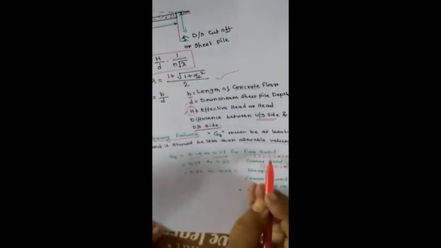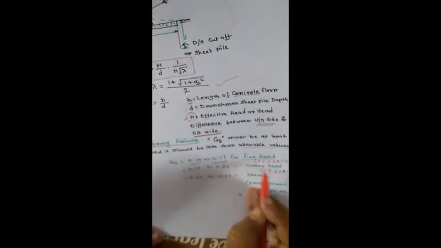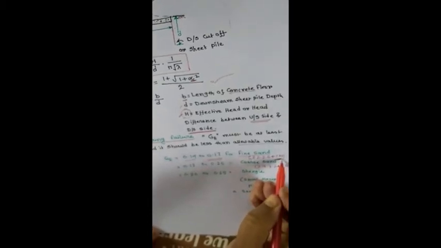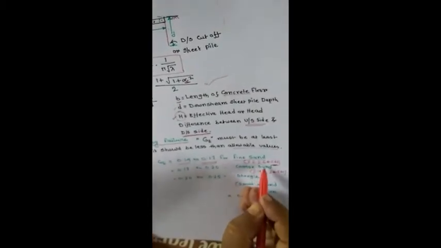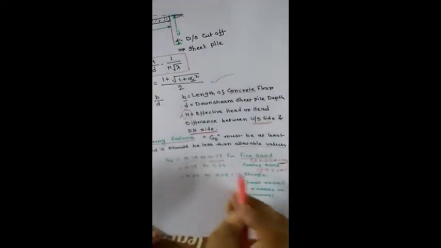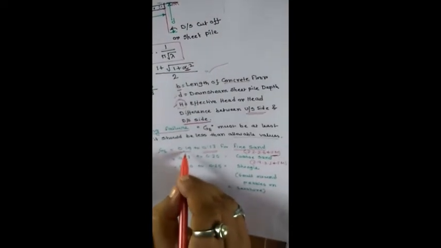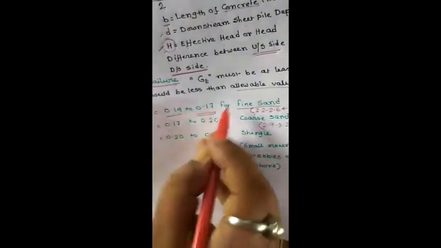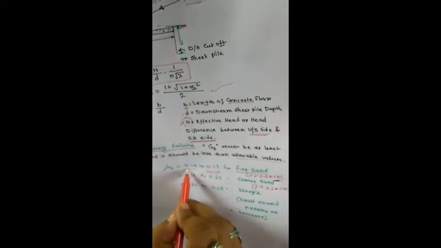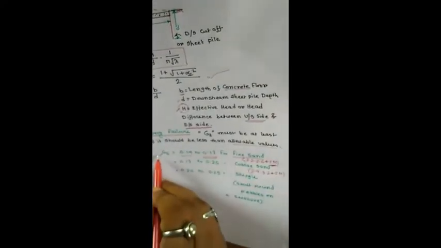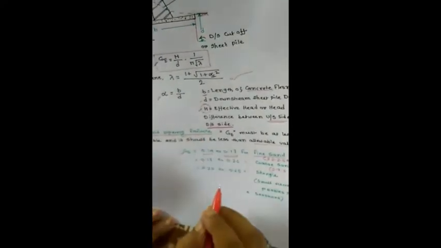You know, fine sand is where the fineness modulus of the particles is between 2.2 to 2.6 as per IS. If your base is made of fine sand, then GE should be 0.14 to 0.17. Sorry, not the base, the material, that means the subsoil. If it is constructed of fine sand, then the value should be 0.14 to 0.17 GE to avoid piping failure.